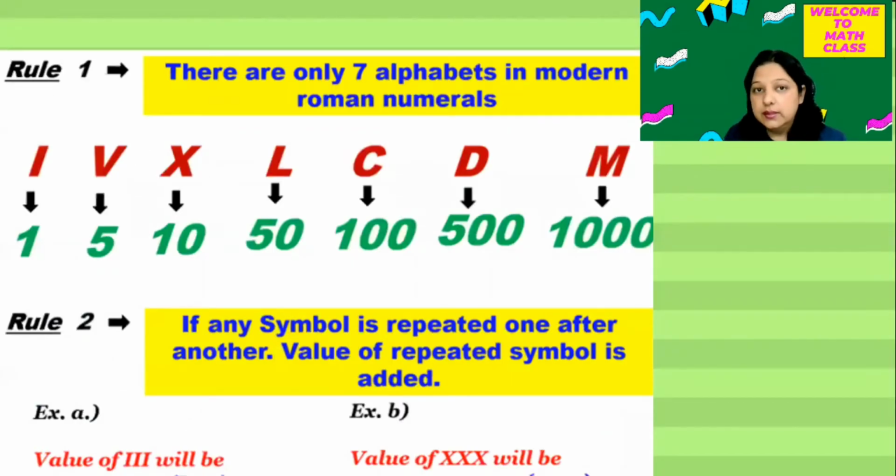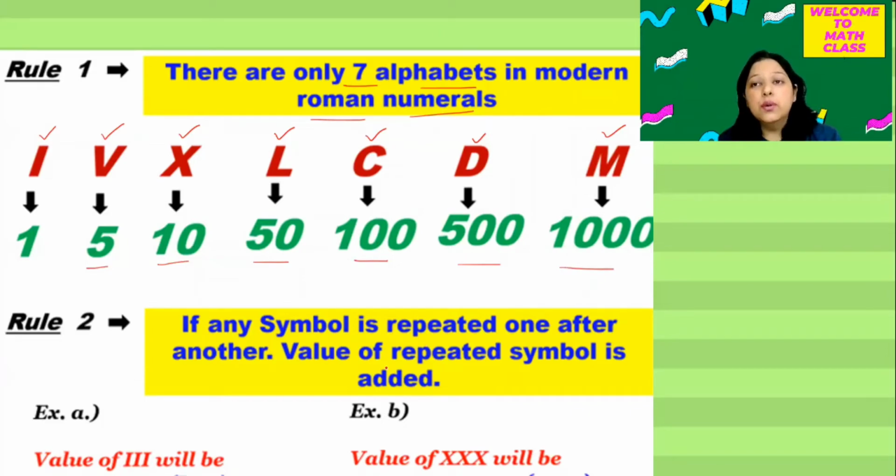Rule number 1. There are only 7 alphabets which we can use in modern Roman numerals. The alphabets are I, V, X, L, C, D, and M. I for 1, V for 5, X is for 10, L is for 50, C is for 100, D is for 500, and M is for 1000.